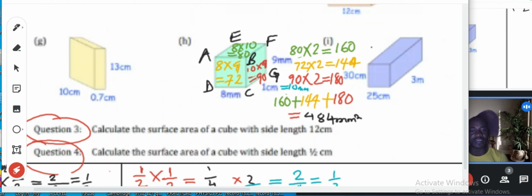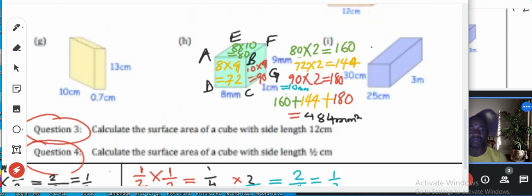Before we leave this, I want you to do this one. Let's do this together. Don't forget that what we did was to find the area of each face. The area of a rectangle is length times breadth. This is 8 millimeter. This other one is 9 millimeter. That's why we did 8 times 9, which is 72 for this face.